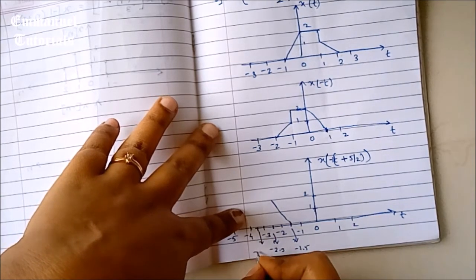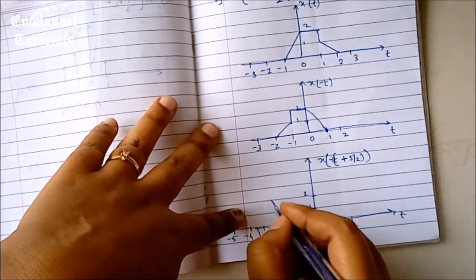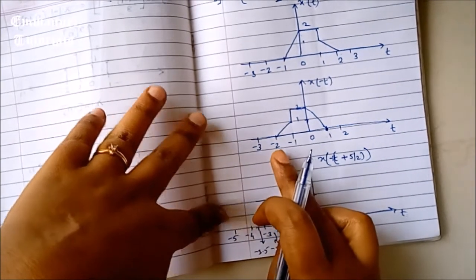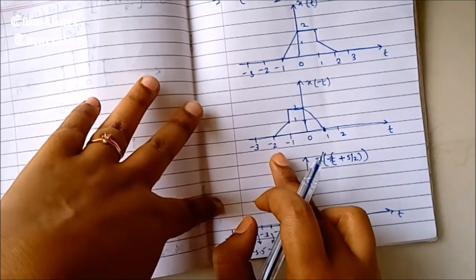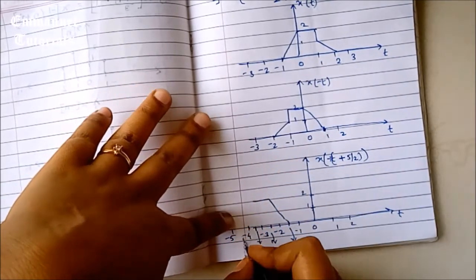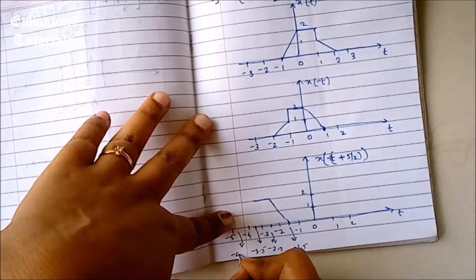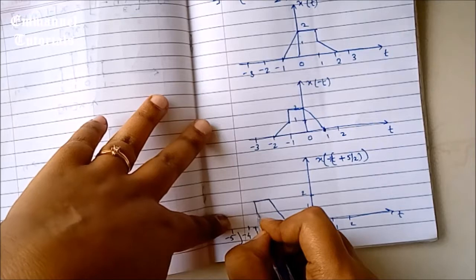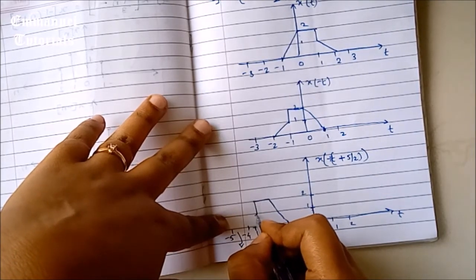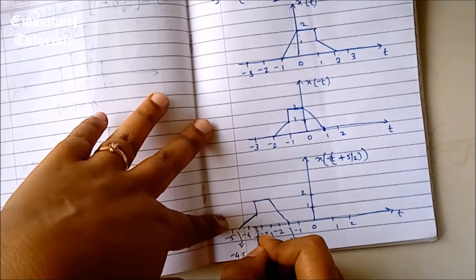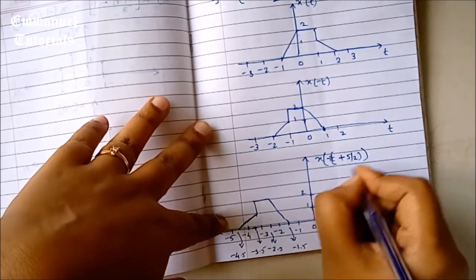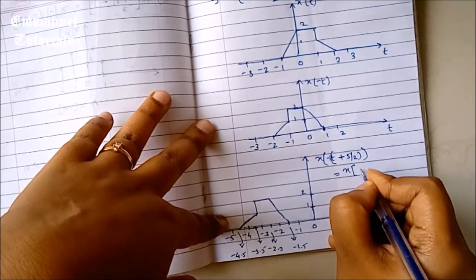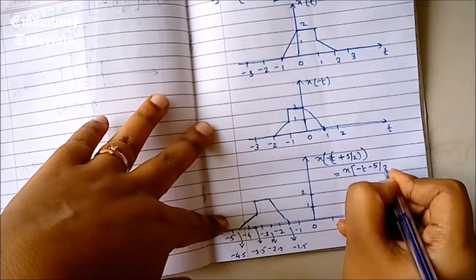So which is here. And then the signal at minus 2 will appear at minus 2 minus 2.5, which is minus 4.5. So this will be the resultant signal, x of minus t minus 5 by 2.